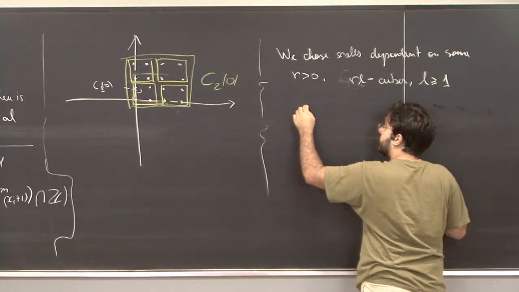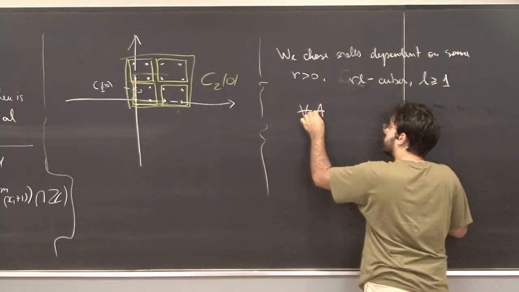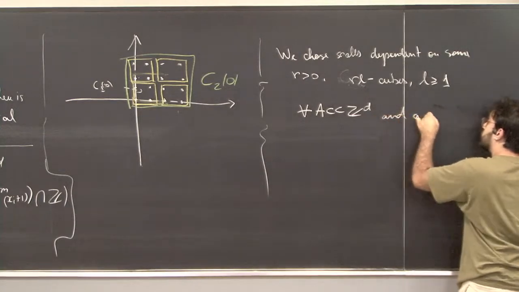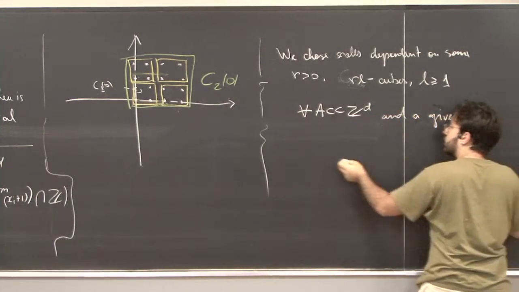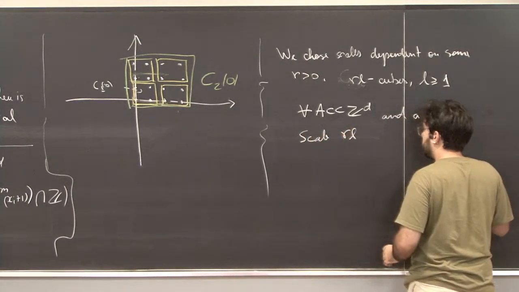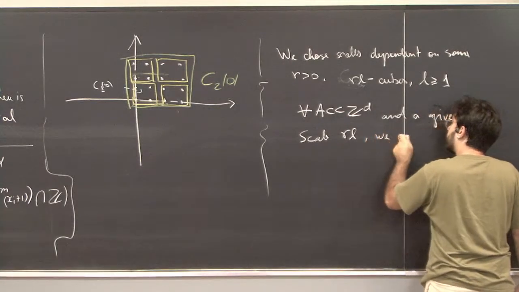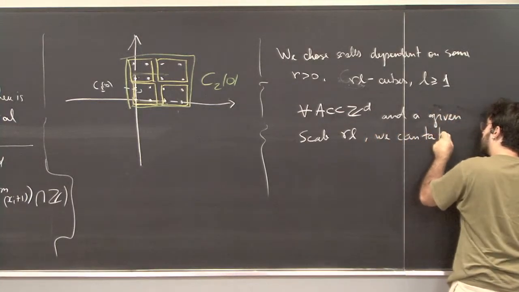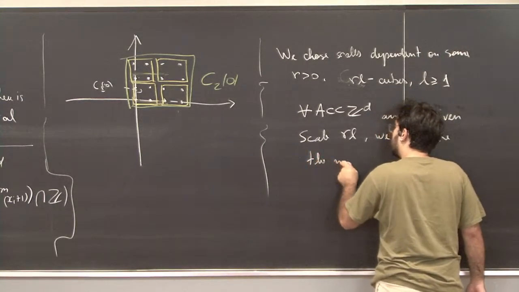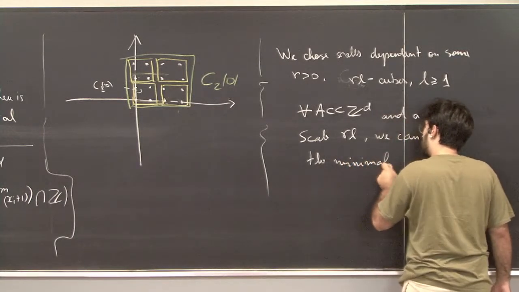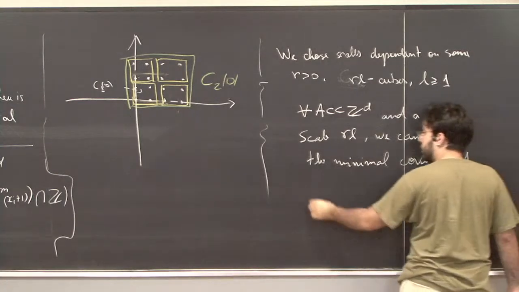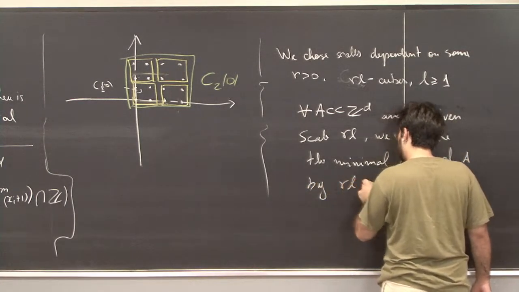So for any finite subset A of Z^D and a given scale R^L, we can take the minimal cover of A by R^L cubes.